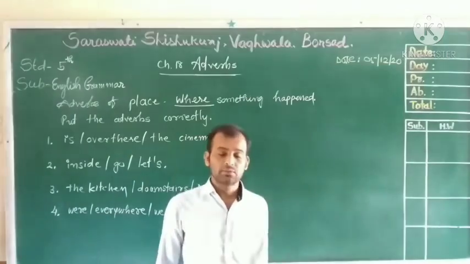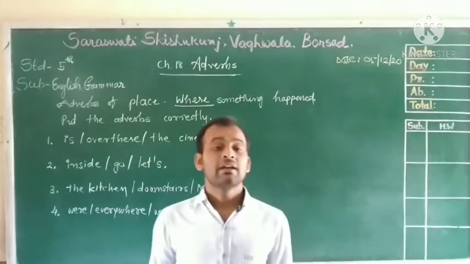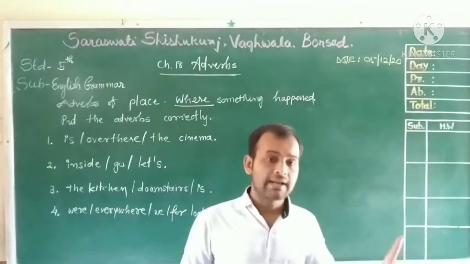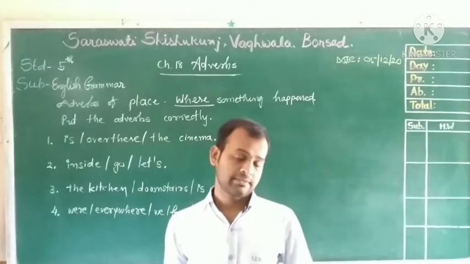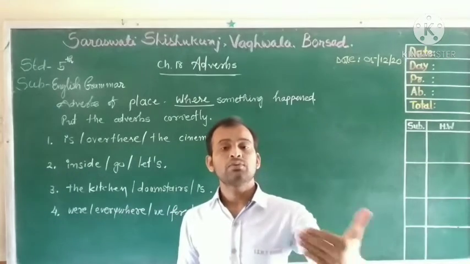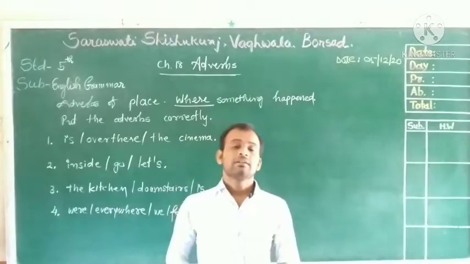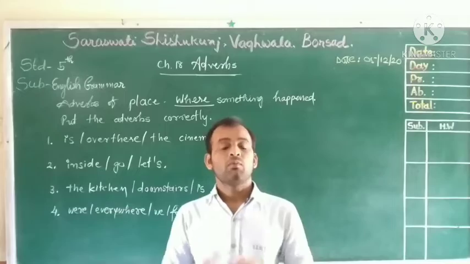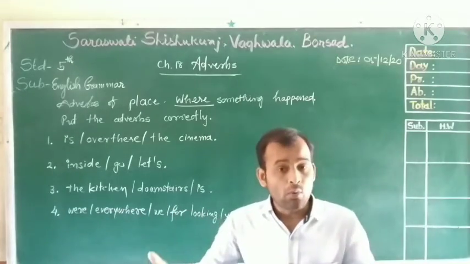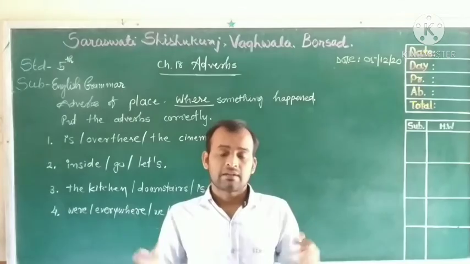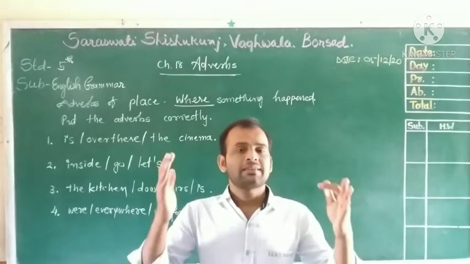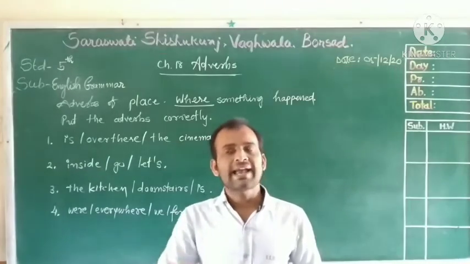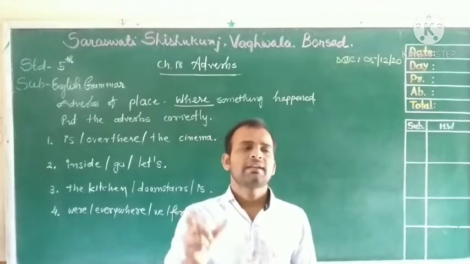There are some words you will find in the sentence: here, there, inside, outside, downstairs, upstairs, out, in, somewhere, everywhere, nowhere, anywhere. When they are used in the sentence, they tell us more about the action, where something happened.